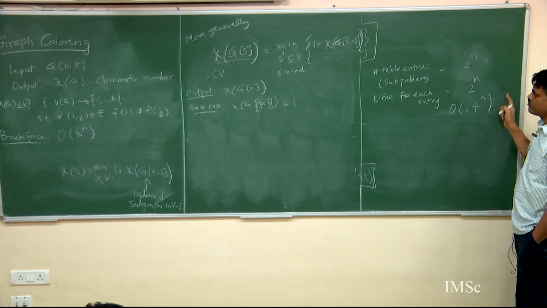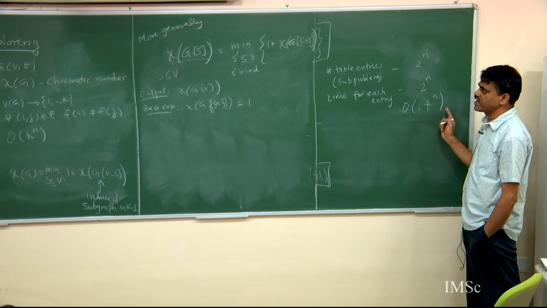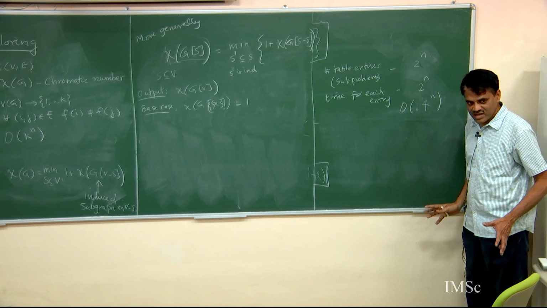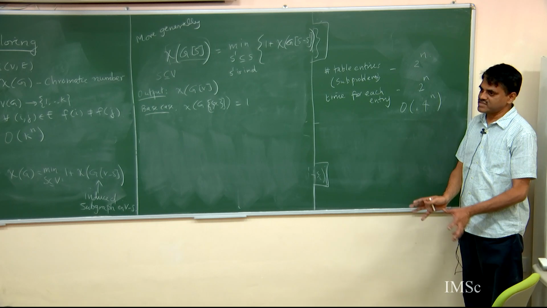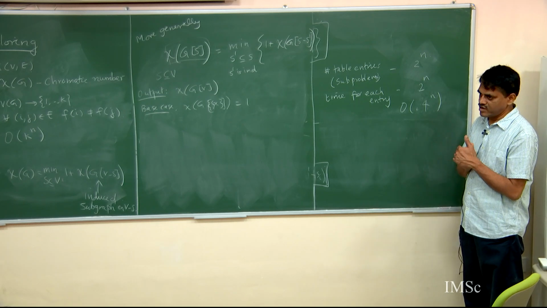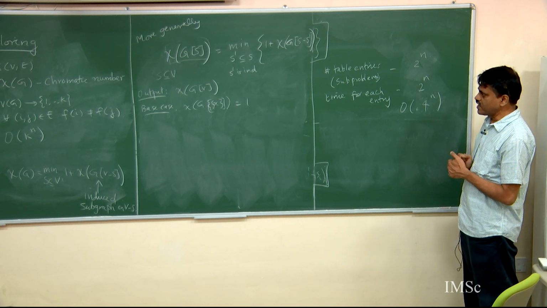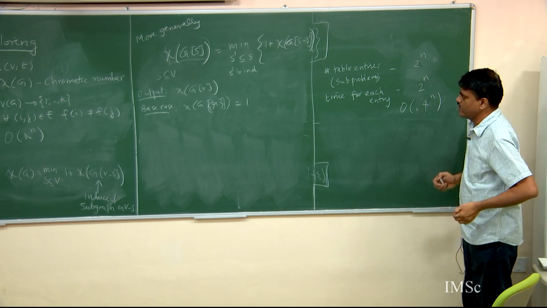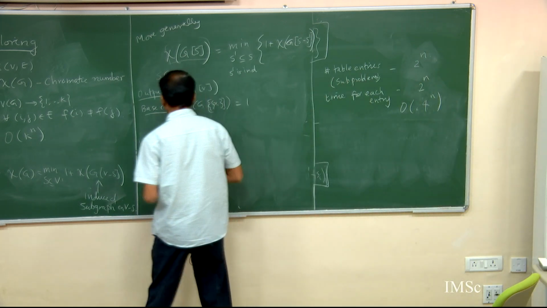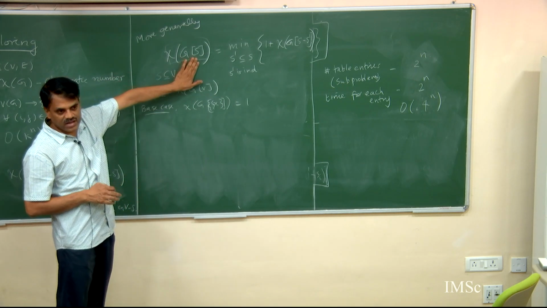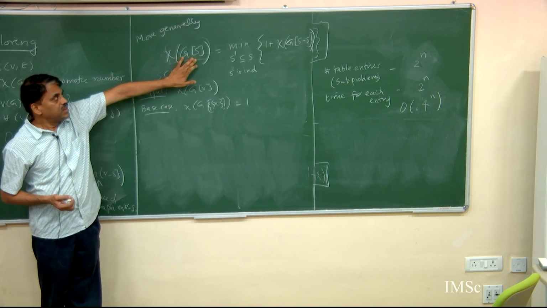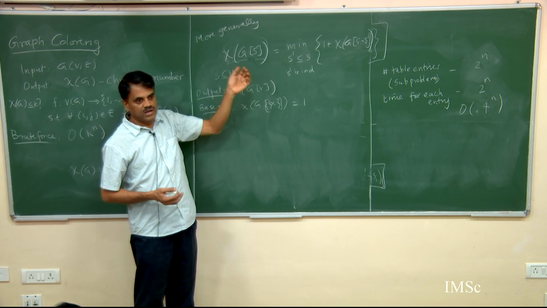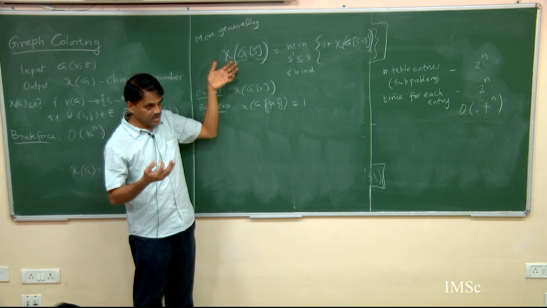But this can be slightly improved with a tight analysis, because the number of subsets is not always 2 to the power n. Initially, as you have smaller and smaller sets, the subsets are not 2 to the n. So, how do I tightly combine both of them? For example, if S is an i element set, then what is the running time for that? 2 to the power i, not 2 to the power n.